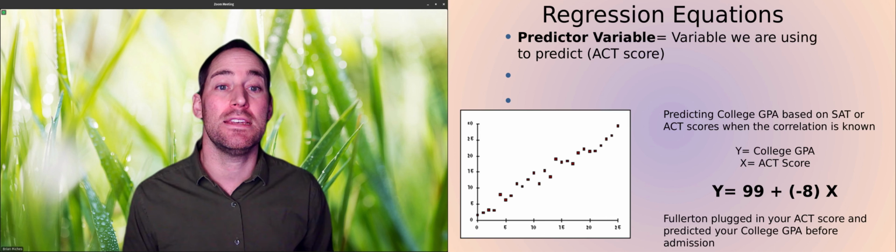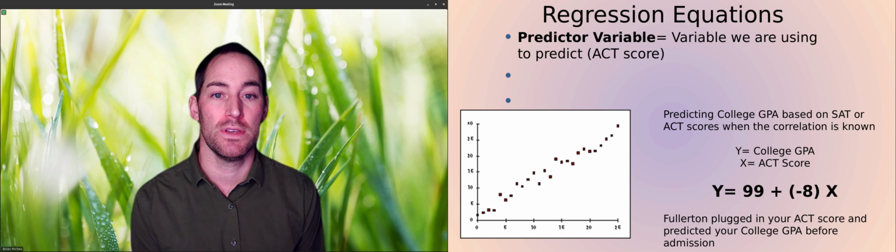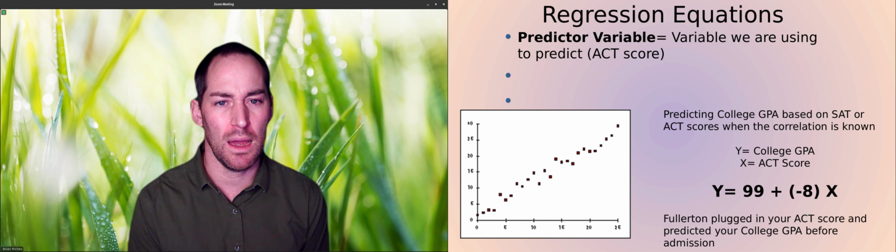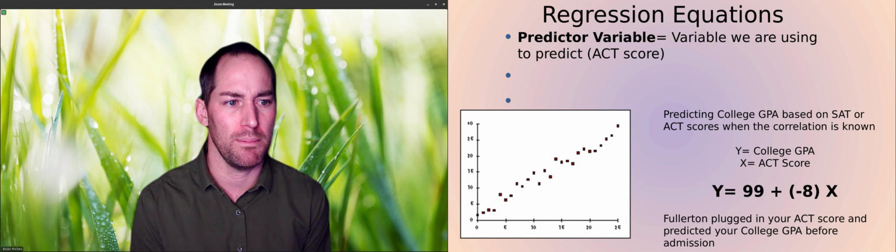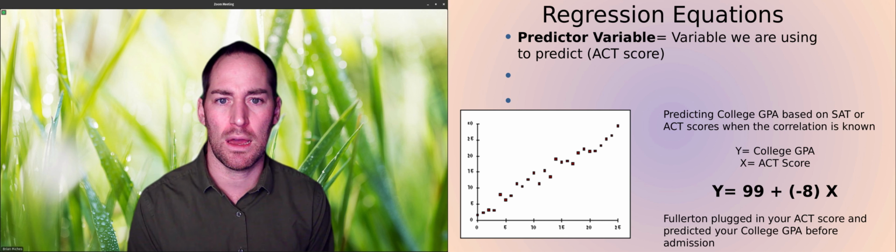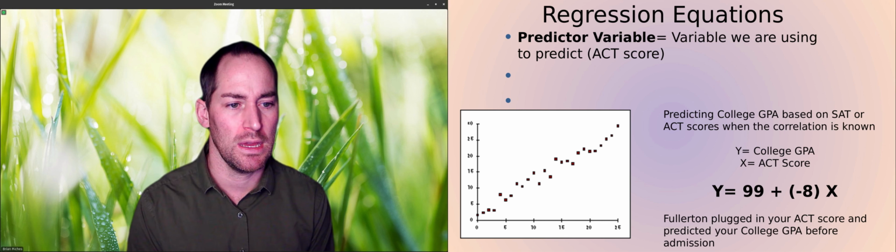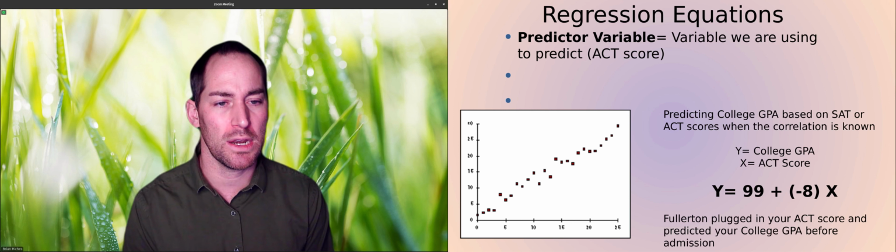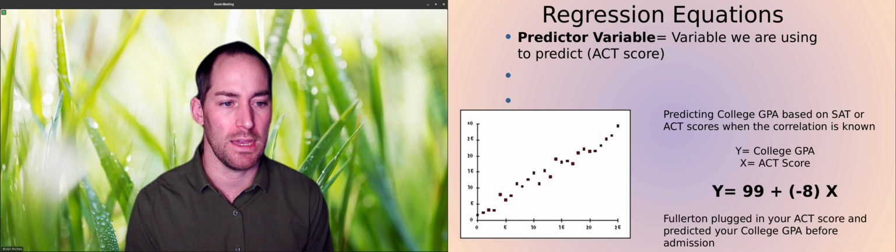You can add additional predictor variables. So maybe you are trying to predict, I've got some of the language in here mixed up. We're not actually trying to predict ACT score. We're trying to predict college GPA here.